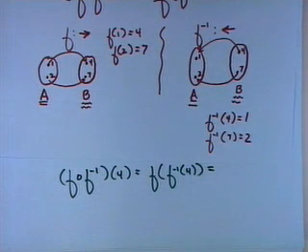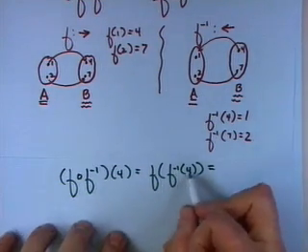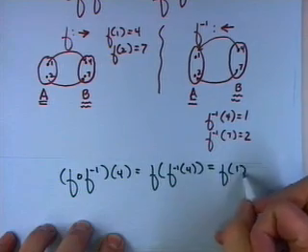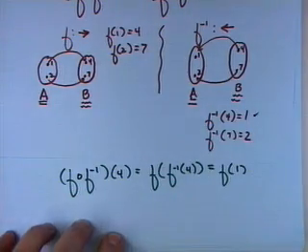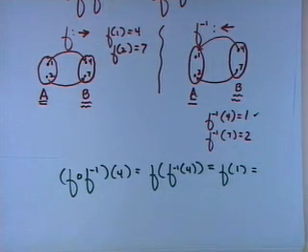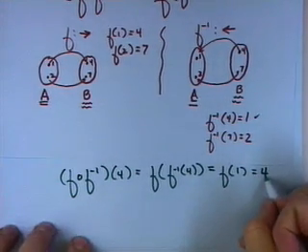Only got 2 choices, by the way, right? We only have the f inverse of 4 and of 7. So what's the f inverse of 4? 1, right there. And what's the f of 1? 4. Aren't we right back where we started?